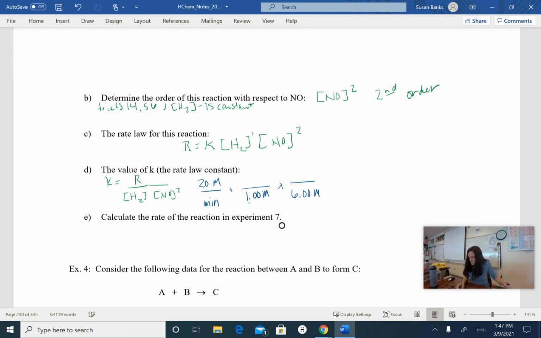Now I'm going to pretend this is 20 with a decimal place behind it so that we can get 2 sig figs here.